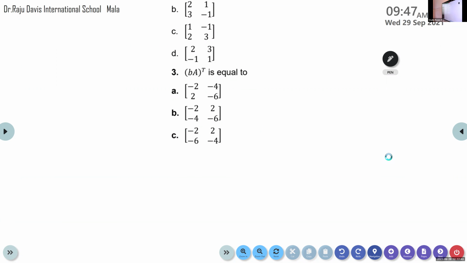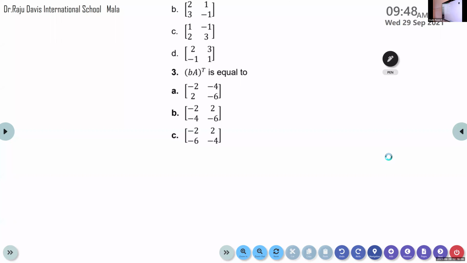Yes, Femina. What is the answer for the third one? B into A transpose. What about B into A transpose? Tomlin, give the answer.